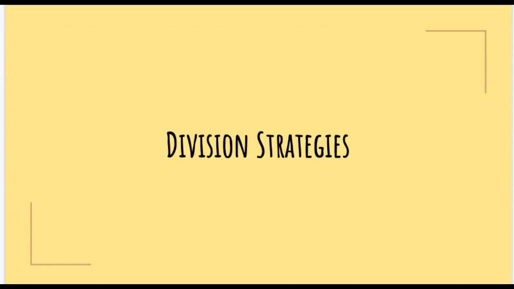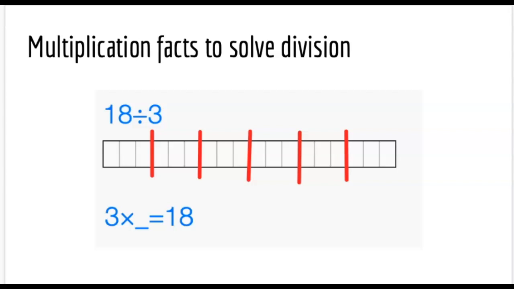The first strategy we're going to look at for solving our division facts is a strategy we've been talking about throughout this series, and that's looking at the relationship between multiplication and division and using our fact families to help us solve. The way we can use our multiplication facts to solve a division problem, like for instance 18 divided by 3, is asking 18 divided into groups of 3, how many groups would there be?